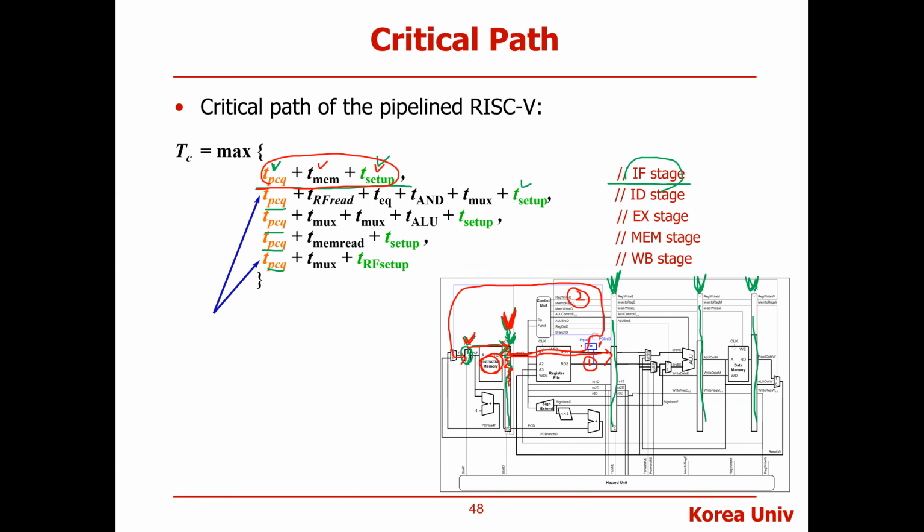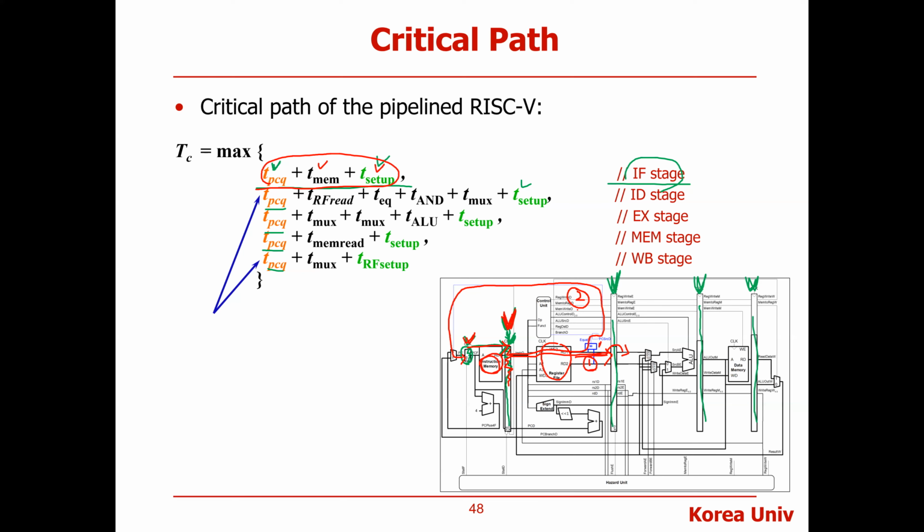Which path is longer? 1 or 2? I think 2, right? Because you have to read the register file in both paths 1 and 2. In the first path, you are passing that data to the execution stage.